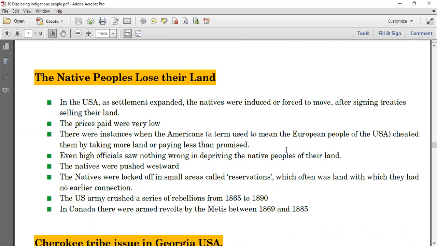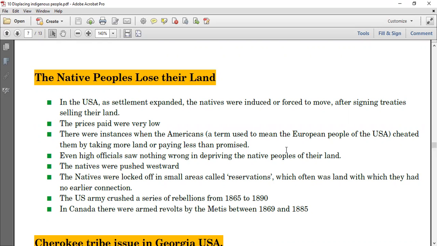There were instances when the American, which was a term used to mean the European people of the USA, treated them badly. American is actually the term which indicates the European people of the USA, not the native people. There were instances when the Americans took more land or paid less than the promised amount.